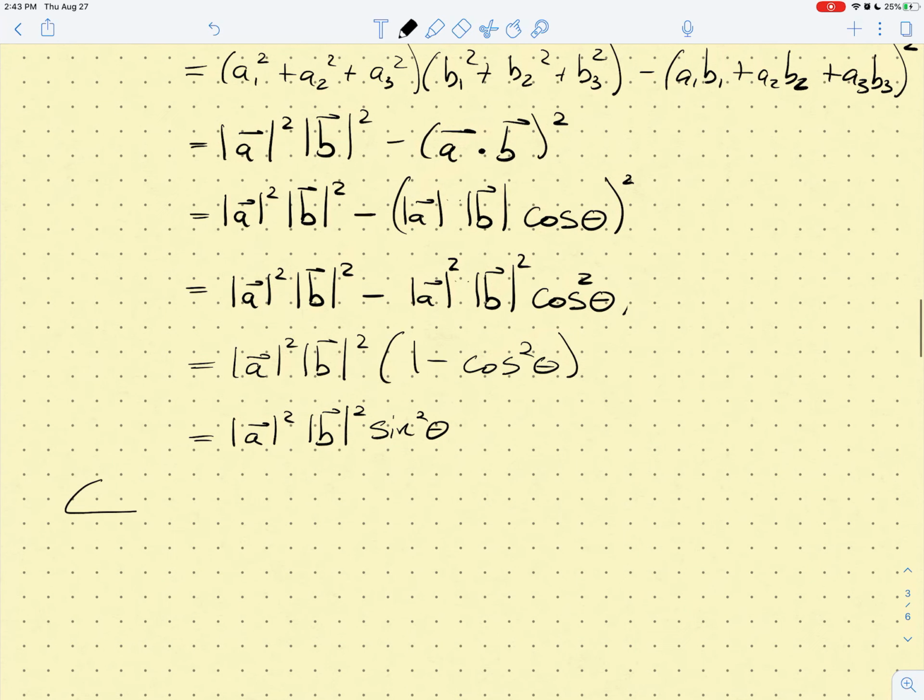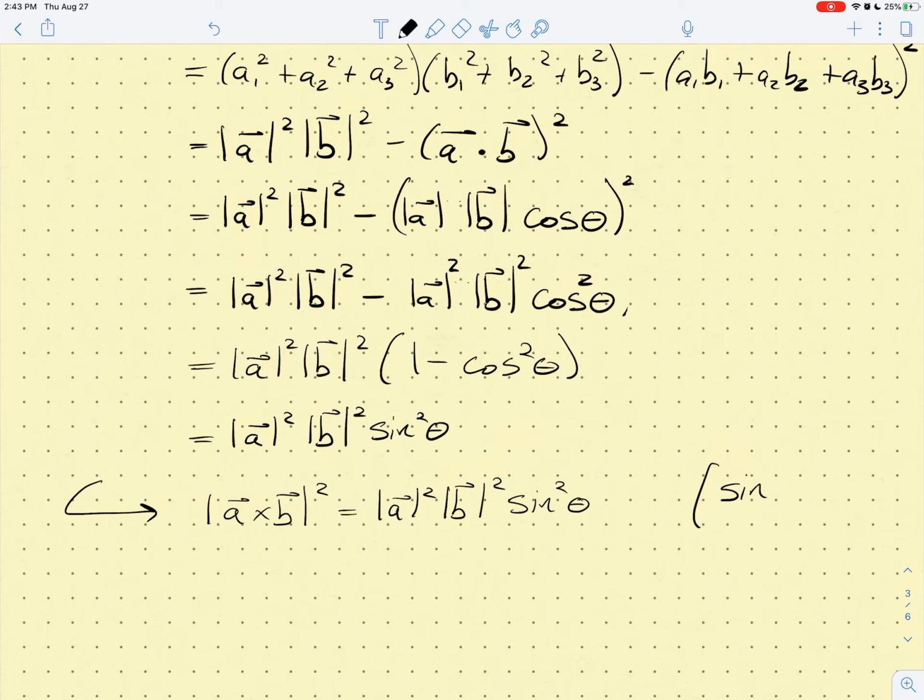So what have we actually come up with? We've shown that the length of A cross B squared is just the length of A squared times the length of B squared times sine squared theta. And now I want you to realize that our angle between our vectors we can assume is no more than 180 degrees.